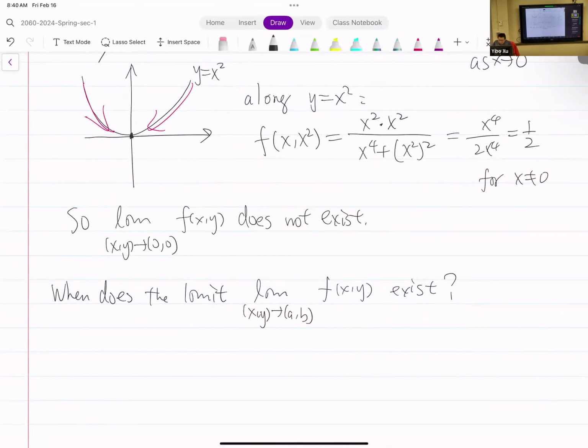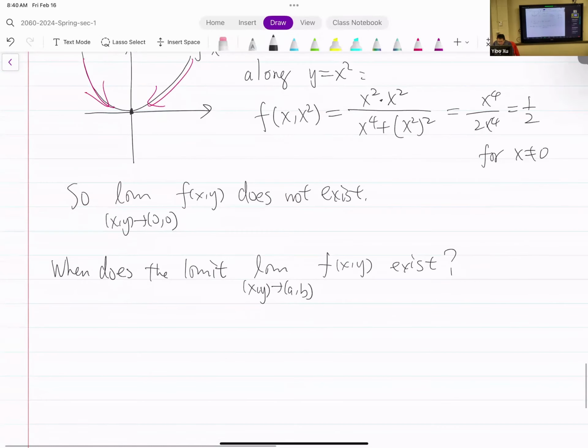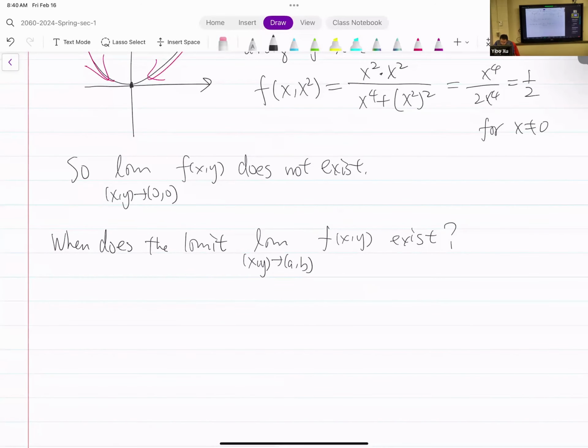It could be curvy directions like the ones we have seen, or something really weird, like zigzagging or just circulating towards that point. So here the big question becomes: when does the limit exist, right?